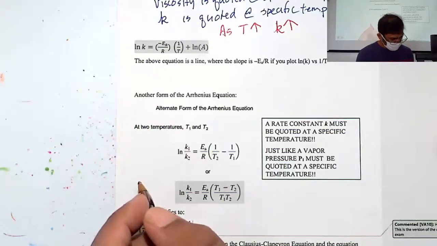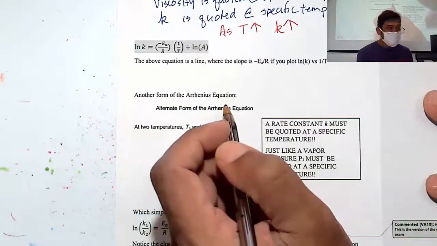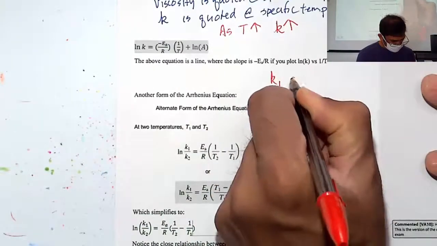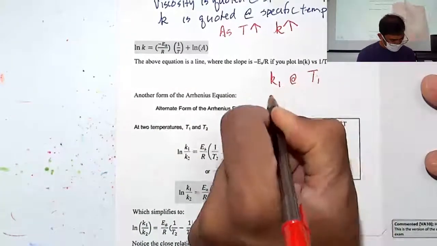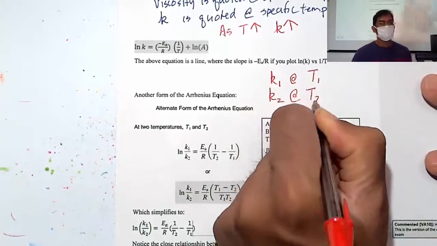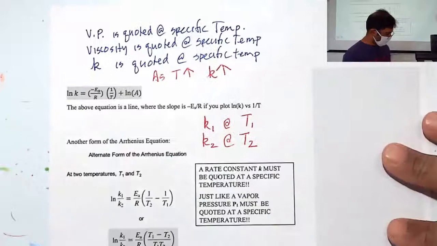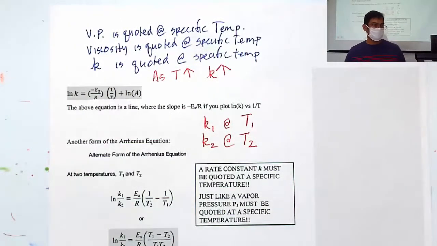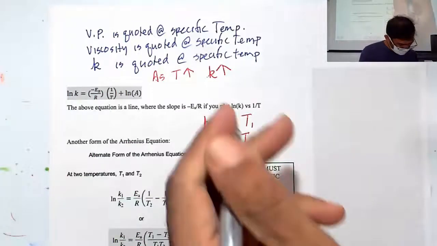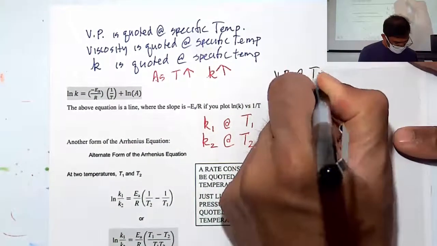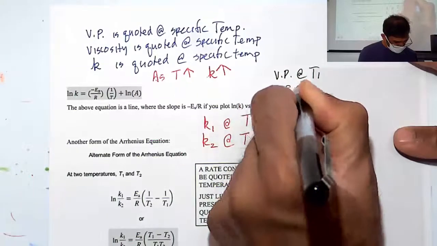So we have a rate constant K1 at temperature T1, and a rate constant K2 at temperature T2. You remember this equation from a couple of days ago: we had a vapor pressure at T1 and a vapor pressure at T2.